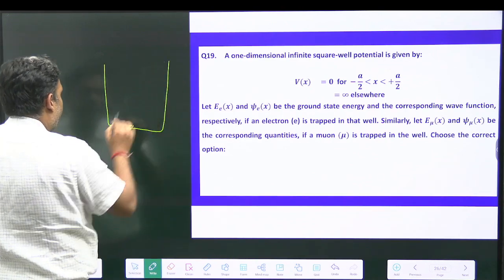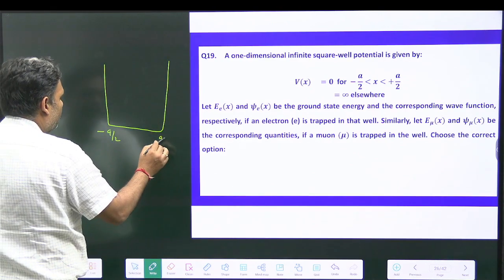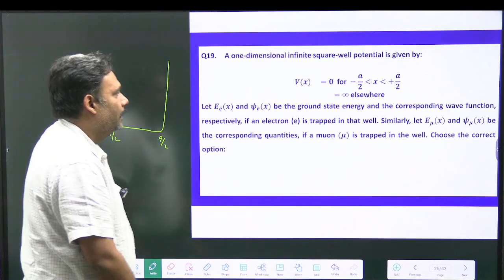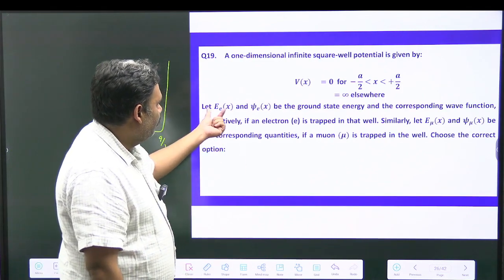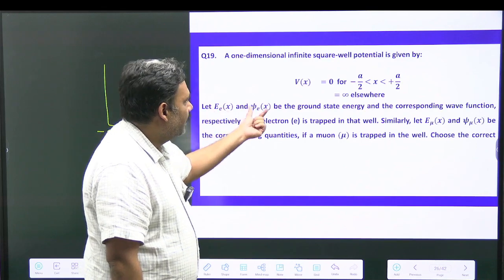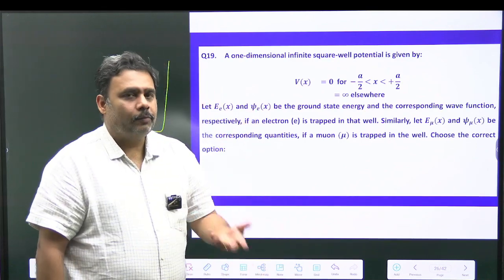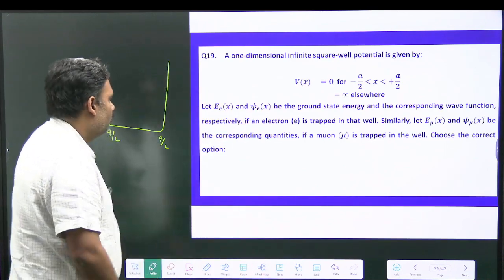The particle is trapped inside this particular square potential box, and it is given that E_e and psi_e are the ground state energy and corresponding wave function for the electron.